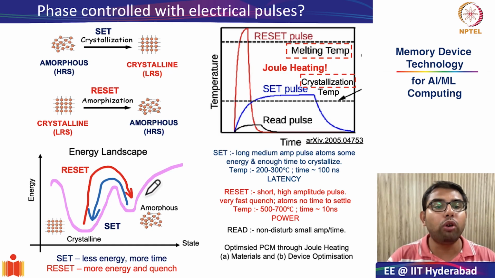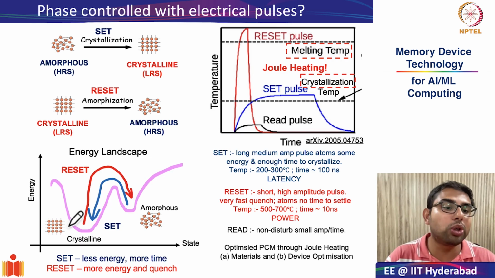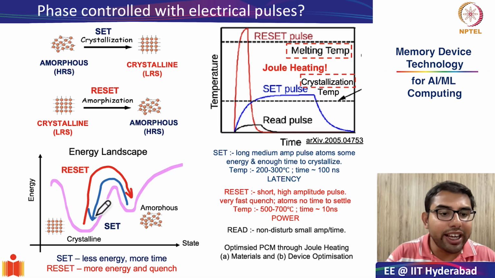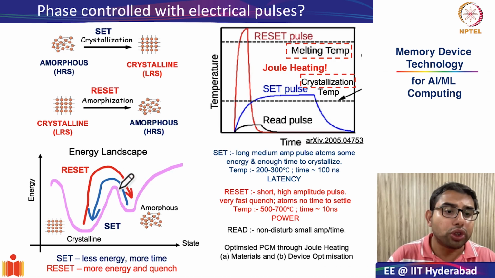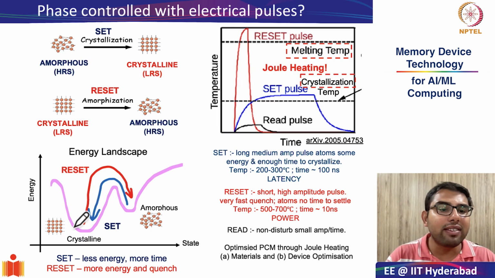Try to recall our energy landscape diagram. When we have to go from the amorphous to the crystalline state, or the high resistance state to the low resistance state, which is called the set, we need to give the system much less energy. The barrier is much smaller, but you have to wait for a longer time for atoms to find their minimum energy state, which is known as the crystalline state.